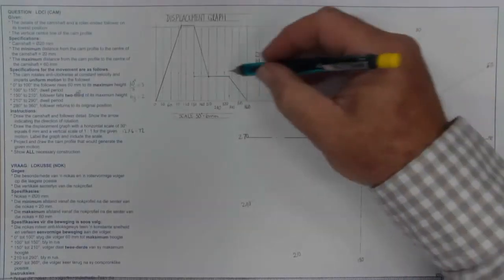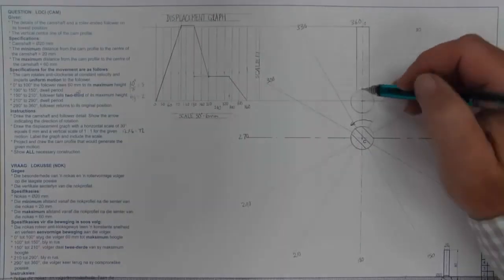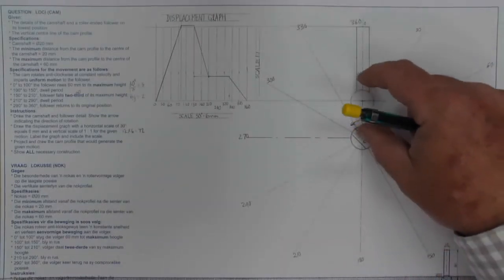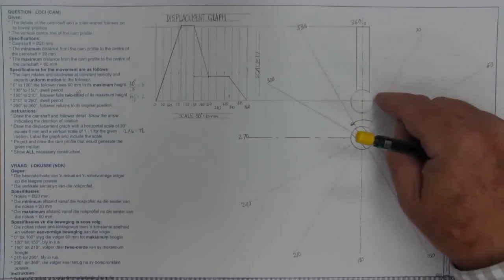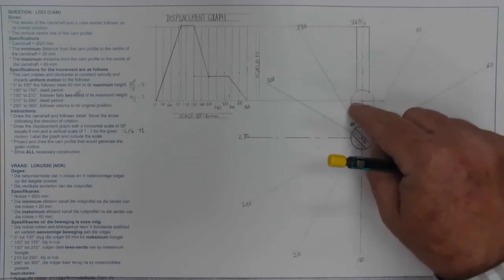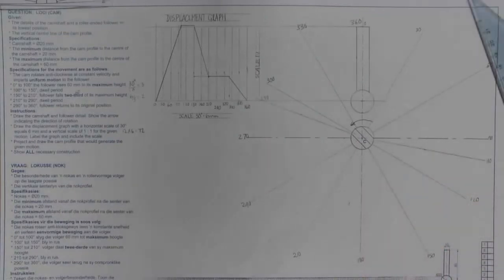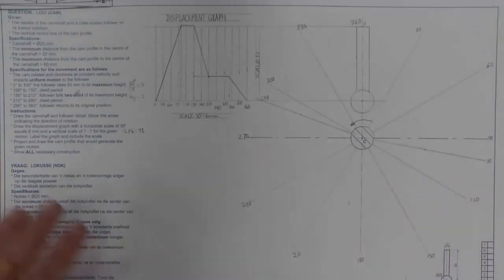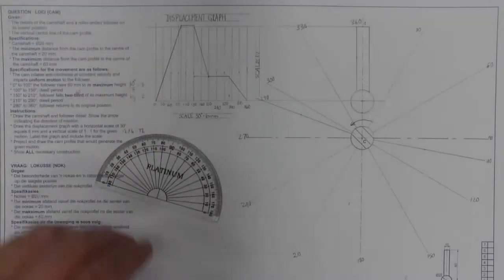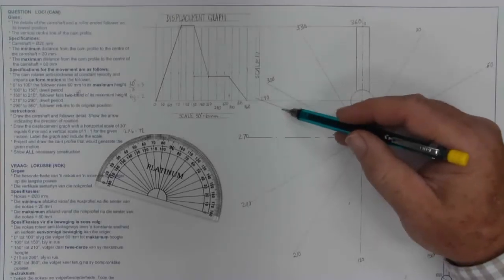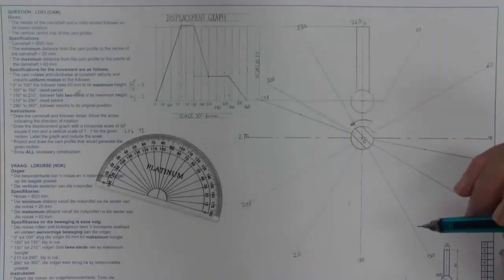I'm going to project my points across now to my center line before I transfer them around to the pizza slice. Remember, then at each pizza slice I'm going to do a little construction of a semicircle for the roller. I've taken my protractor and I've marked off 10 degrees here to give me 100, and 20 degrees there to give me 290.